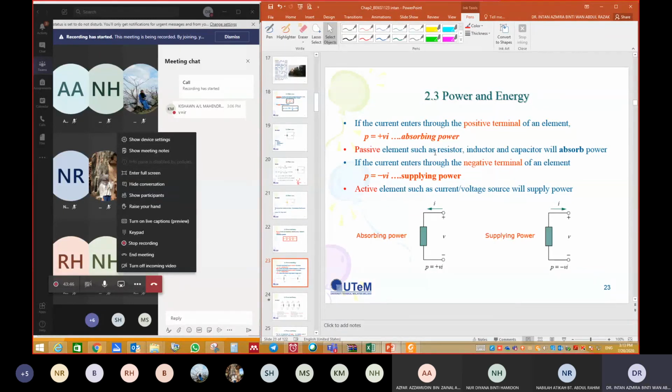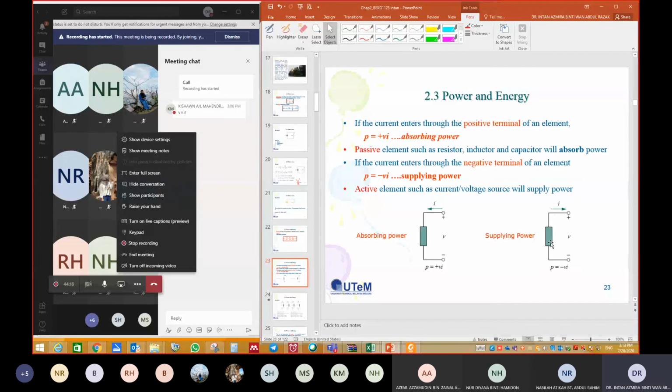Passive elements such as resistor, inductor, and capacitor will absorb power. If the current enters through the negative terminal of an element, it supplies power. If the current enters through the positive terminal, it absorbs power. So in this figure, the current enters the positive terminal, so it absorbs power, positive power.